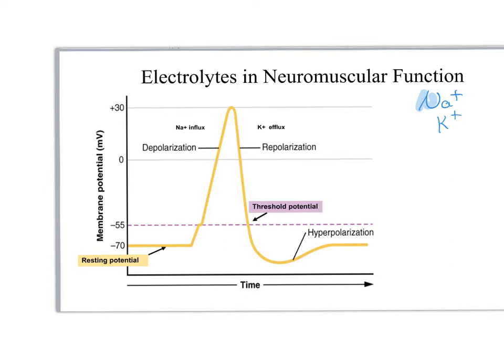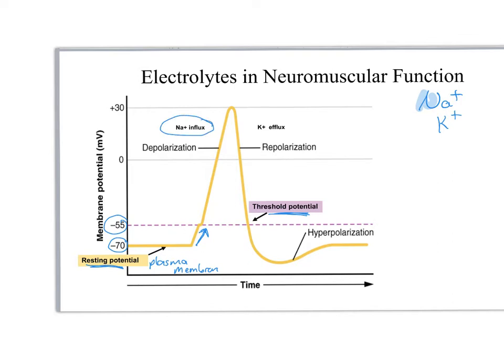So you'll notice that this chart looks really similar. I've got negative 70 millivolts for my resting membrane potential. I have negative 55 as my threshold potential. I need to get from here to here. So remember, this is describing our plasma membrane charge, okay? In order to get from here to here, I need to bring in more positive ions.